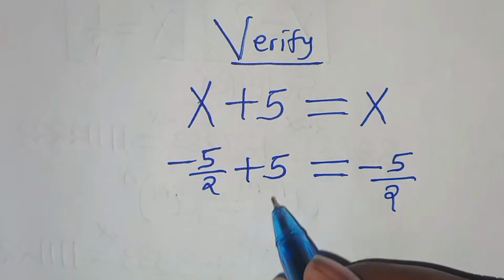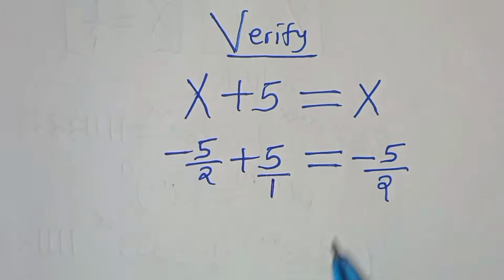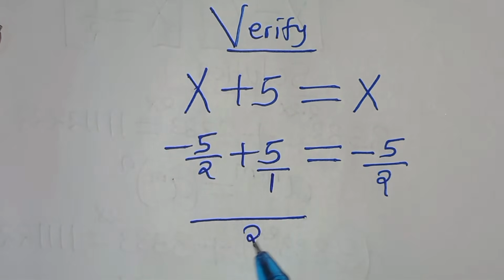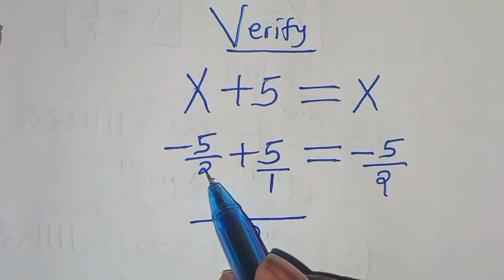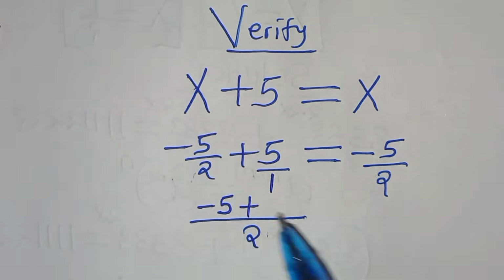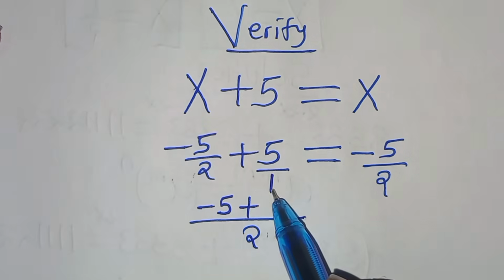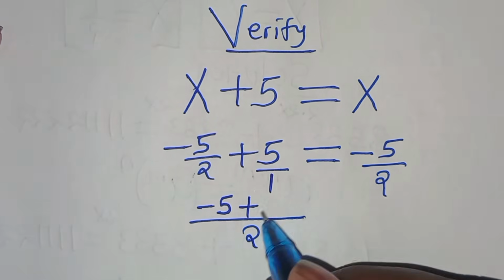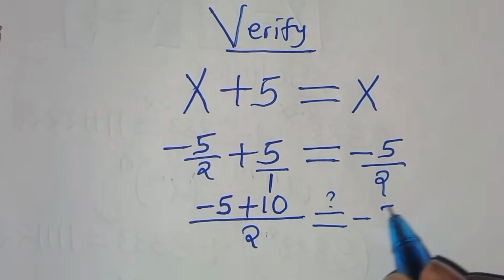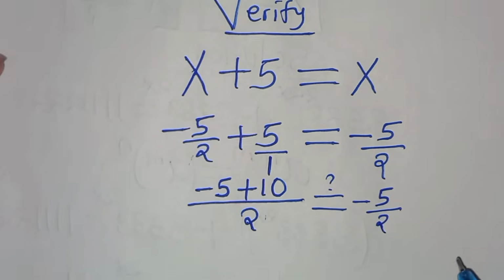Now here, 5 is our whole number, so this is over 1. We have the LCM here, which is equal to 2. So 2 divided by 2 is 1, times negative 5, this becomes negative 5. Then plus 2 divided by 1 is 2, 2 times 5 is 10. And this should be equal to negative 5 over 2.